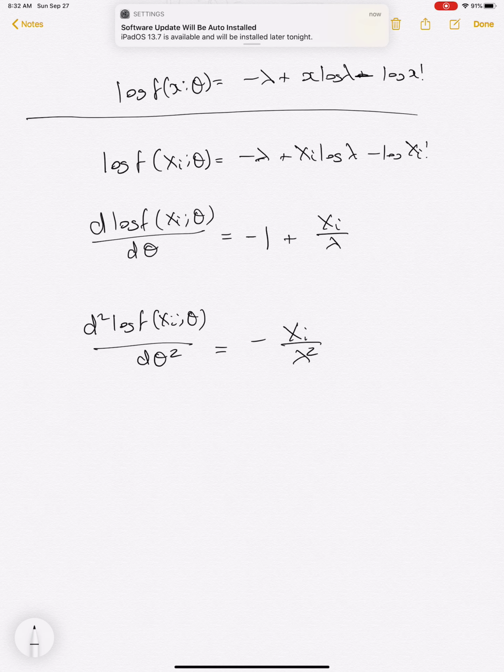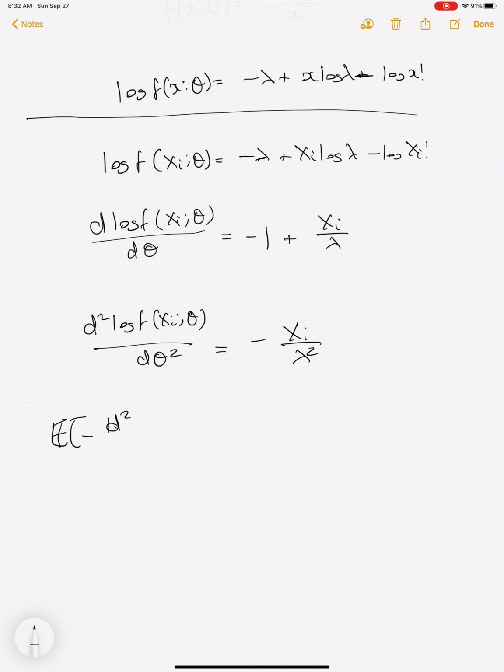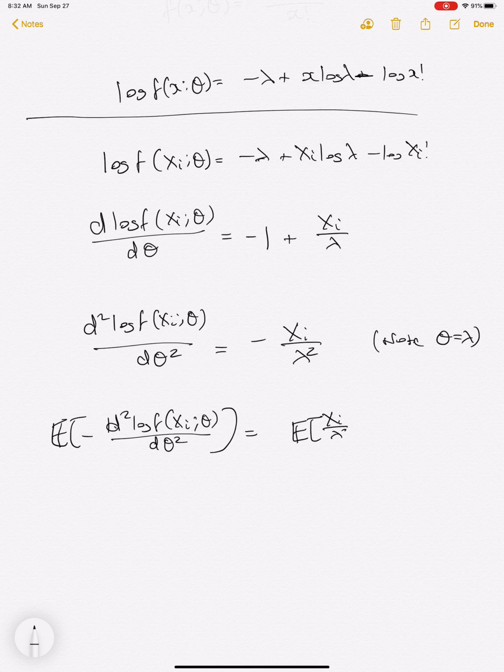Okay, so now let's take the expectation of negative d squared. Sorry, I've used theta and lambda interchangeably here. Theta here is just lambda. All that is just taking the expectation of x_i over lambda squared, right?